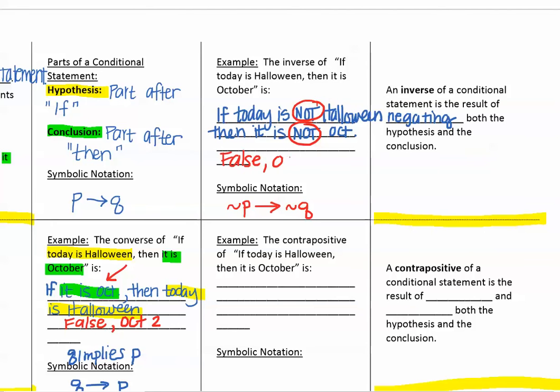And again, we can use the same exact counterexample, October 2nd. Okay, October 2nd is not Halloween, right? So it works for the first part. And so if it works, then that means, according to the statement at least, that it's not October. But we know that October 2nd is October, so that doesn't make any sense. So we have to say that the statement is false.